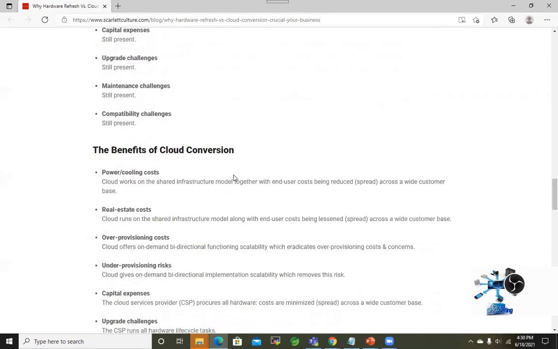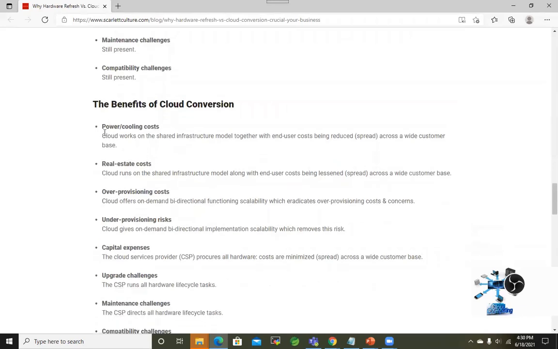In comparison, the benefits of cloud conversion: if you go to cloud, you can see power, cooling, cost, it's all about service. You no longer own a data center. It's a service for you, and the cloud service provider will maintain these things for you. It's no longer in your control.